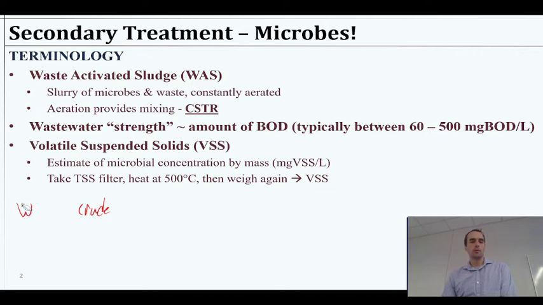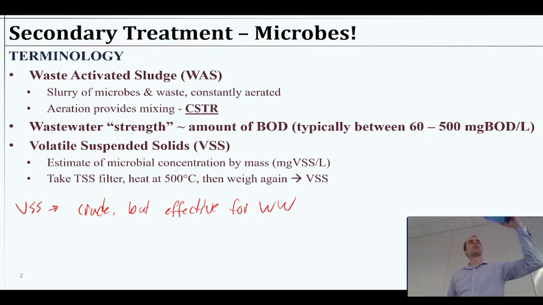This VSS technique is crude in terms of we're not actually weighing microbes specifically, but really it is quite effective for wastewater. We wouldn't do this with trying to figure out how many bacteria are sitting in my water bottle. We would do it for the case where we have this sludge.